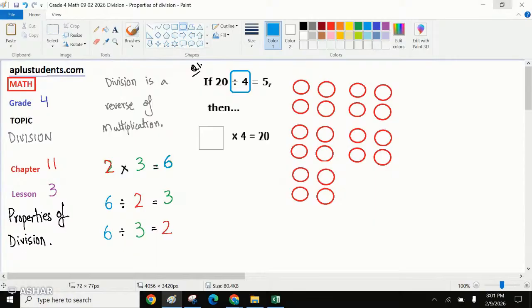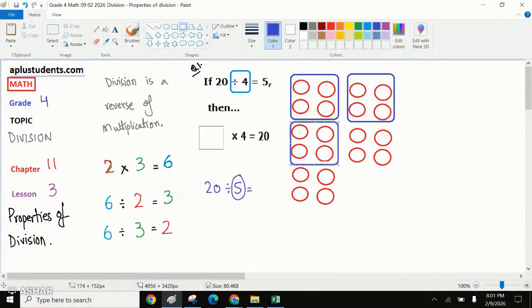But if 20 was divided by 5, we have to create 5 equal groups, each with 4. So when 20 is divided by 4, equal groups of 5 are formed, and when 20 is divided by 5, 4 groups are formed.